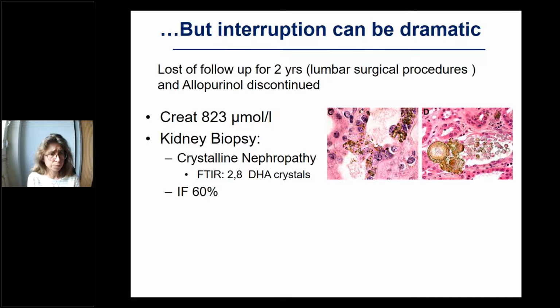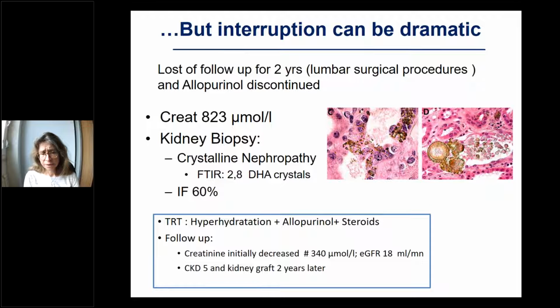And we were called because the creatinine had increased a lot, 823 micromole per liter. There were no stones on CT scans, and we performed a kidney biopsy, and we found a crystalline nephropathy with again some 2,8-DHA crystals by infrared analysis. But the kidney was already fibrous, with interstitial fibrosis of 60%.